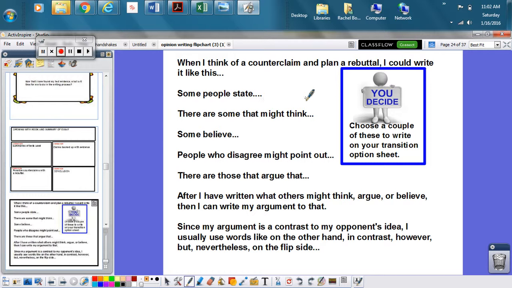And then I would give one of the reasons, one of their counterclaims. Some other ideas are some people believe, people who disagree might point out, there are those that argue that. So when I see these, or when I read these, or write them, I know that I'm about to get another view or another side.